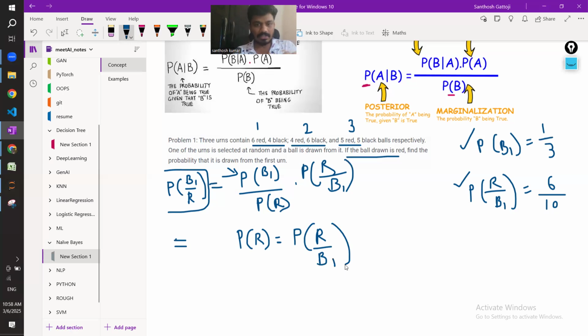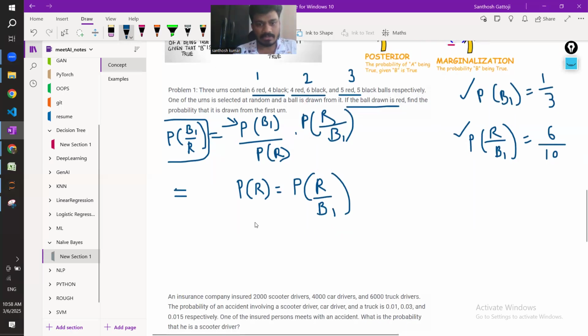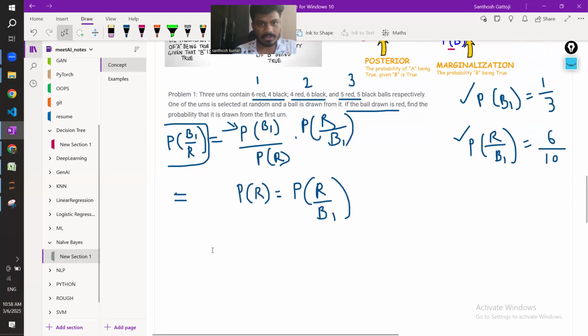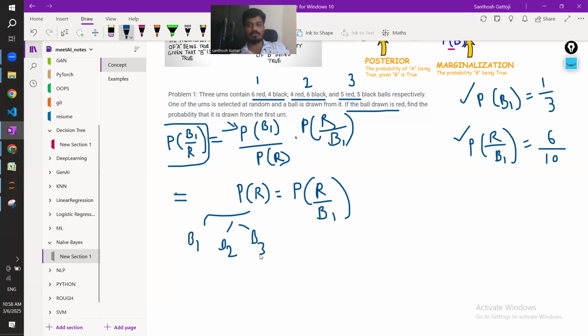See, I'll tell you, this is a bit important. If you understand one example, it is easy to understand every other example. When I'm saying red, red could come from box 1 or 2 or 3. There are only 3 boxes, but I don't know which. If you tell me red is coming from B1, then it will become this, because I'm asking what is the probability of getting red from B1.